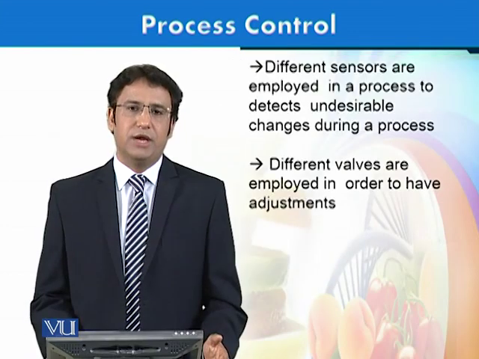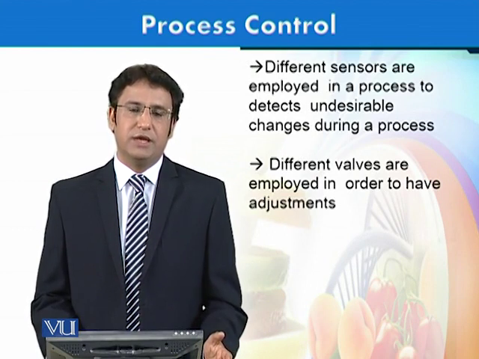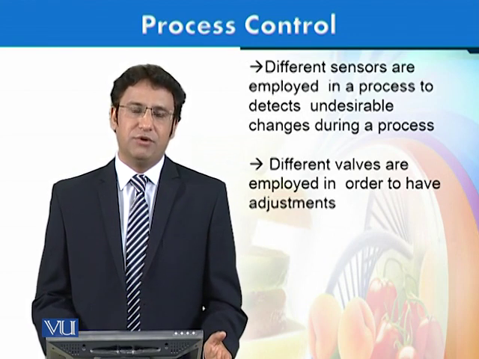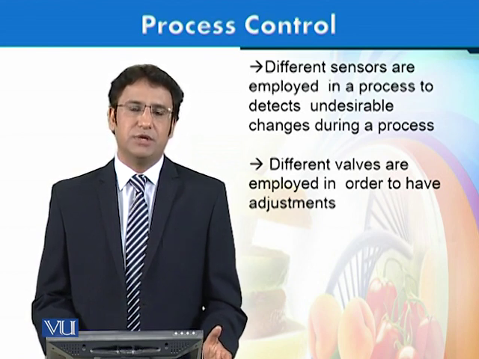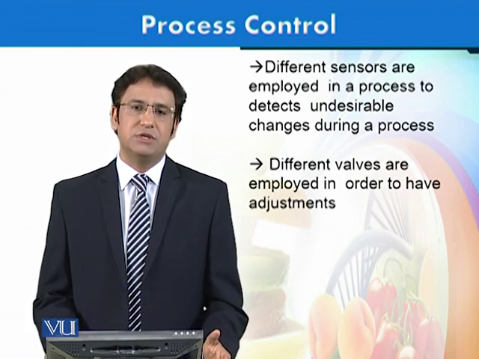There are different sensors that look for any deviation from the normal processes, and similarly there are different valves that are employed to adjust things. For example, I would take an example of milk. We have to make sure that the milk that is produced, whether in pasteurized form or sterilized form, is properly heated. So we would have sensors attached towards the end of these processing lines, and they monitor the internal temperature of the milk, whether it has been achieved or not.